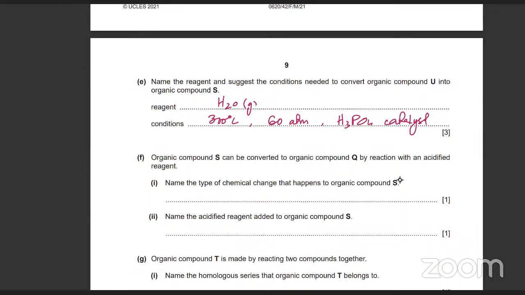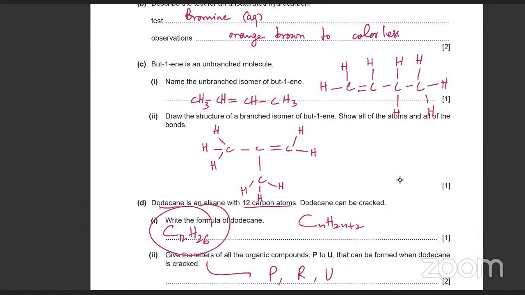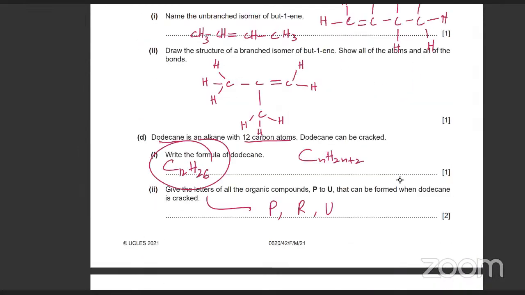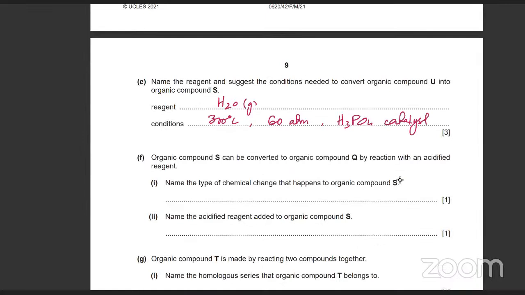और फिर ये कि organic compound S can be converted into organic compound Q by reaction with acidified reagent. S to Q. Alcohol है और alcohol से it's forming a carboxylic acid. That is oxidation. So type of reaction, that's a redox reaction. कोई भी alcohol होता है ना, that gets oxidized to a carboxylic acid.